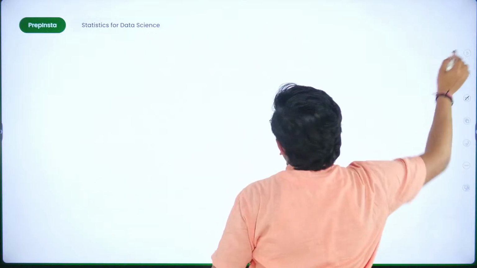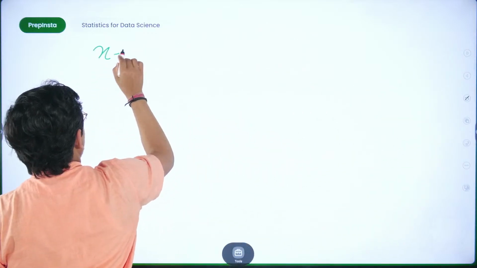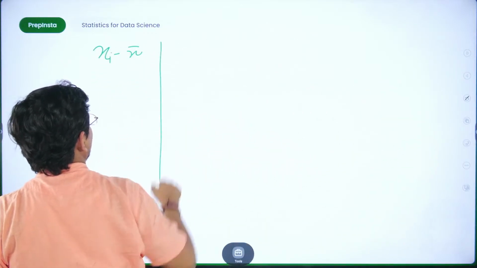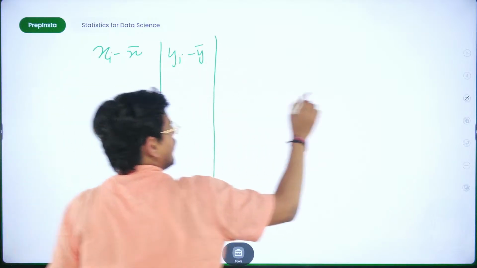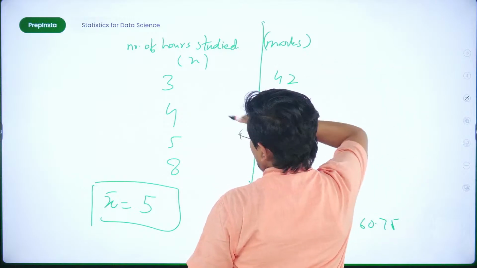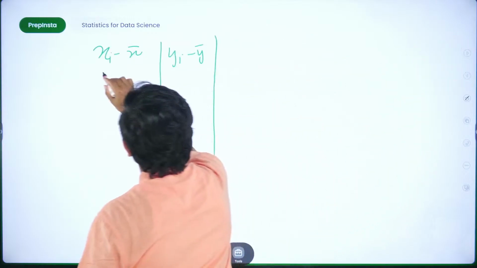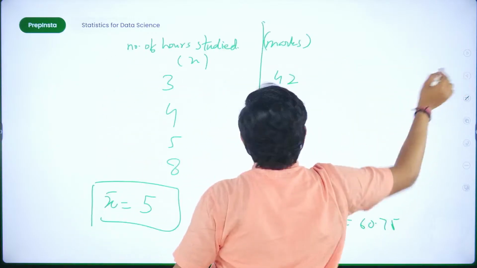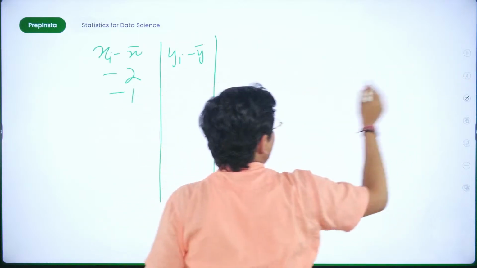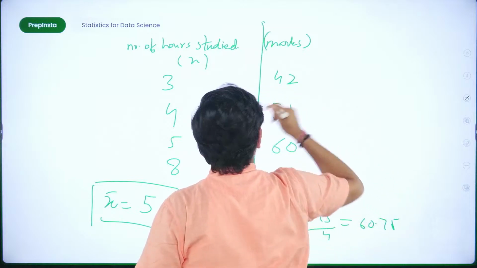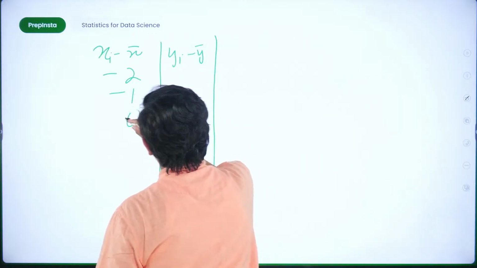Now let's try calculating xi minus x bar, and yi minus y bar, which is sample mean. So if I try calculating this, 3 minus 5 is minus 2. 4 minus 5 is minus 1. 5 minus 5 is 0.